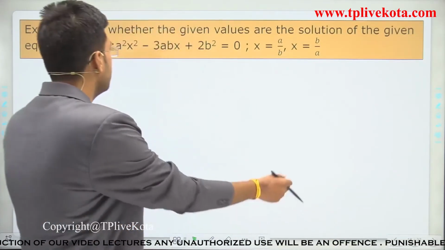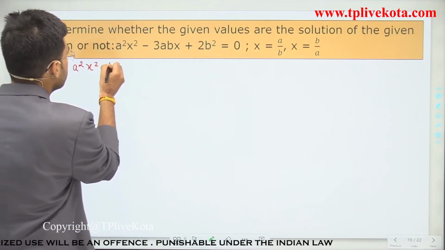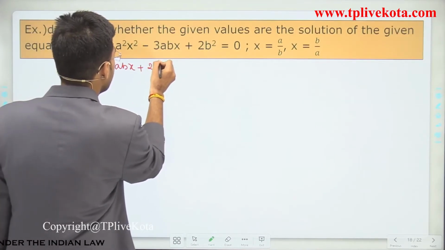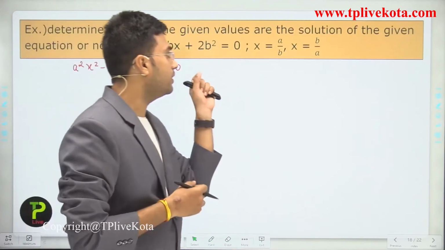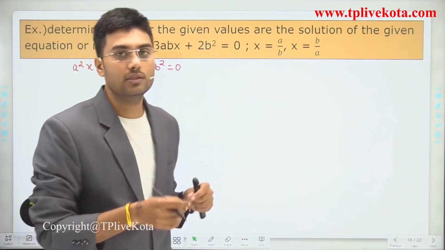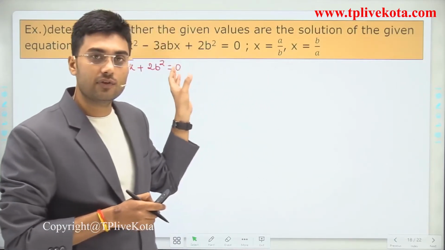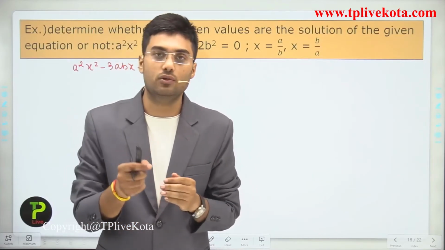So students, the equation is a square x square minus 3abx plus 2b square equals 0. Okay, and we have to identify whether these two values are zeros or not, and if they satisfy this equation, then we can say that these two values are roots or solutions of this equation.